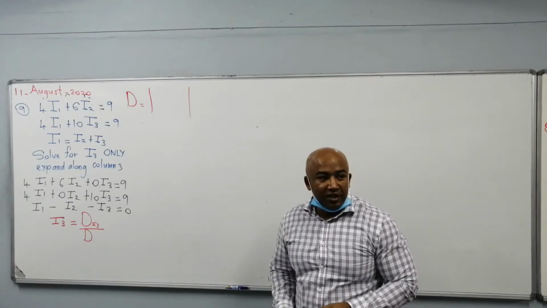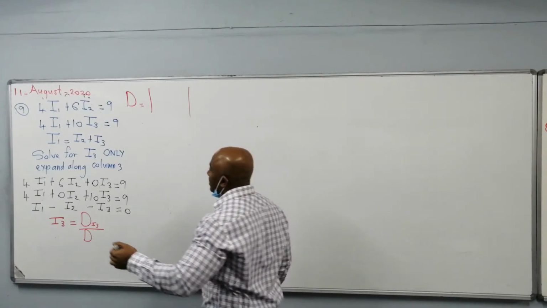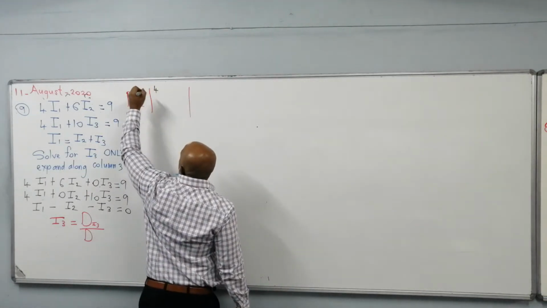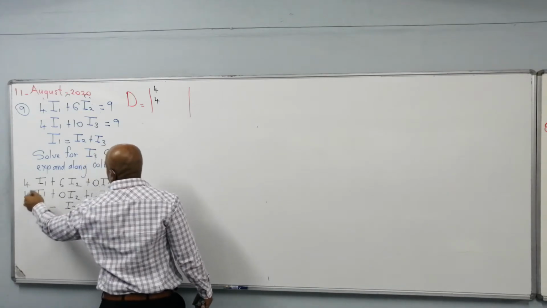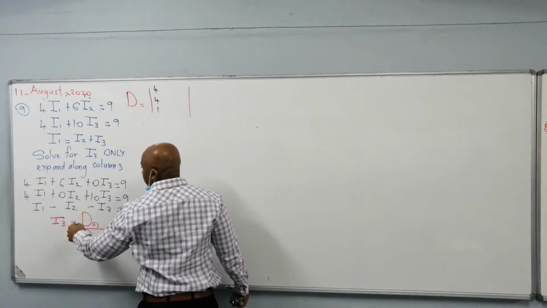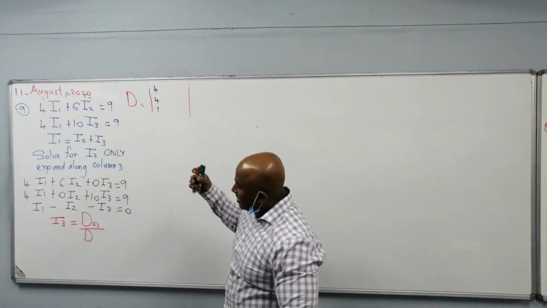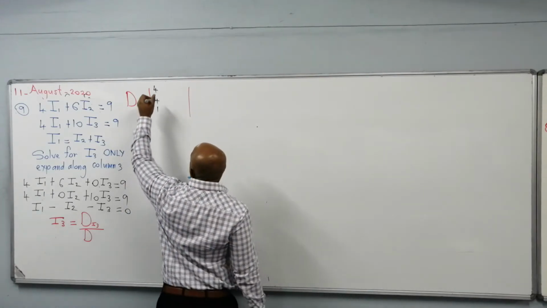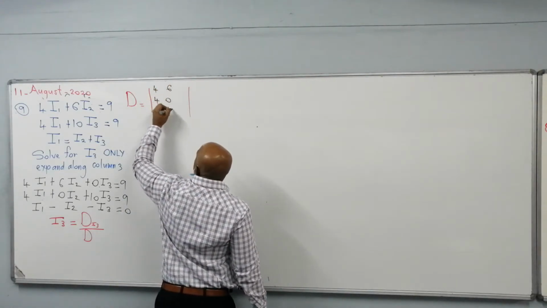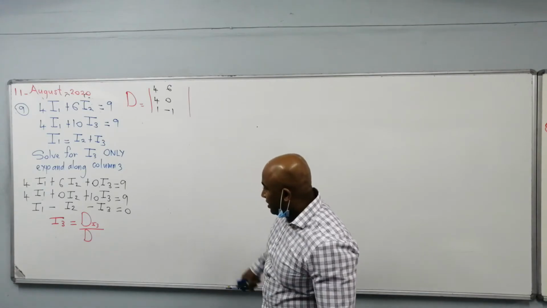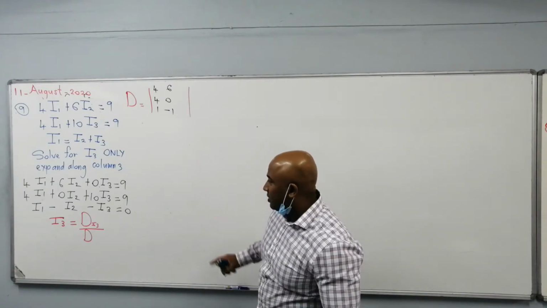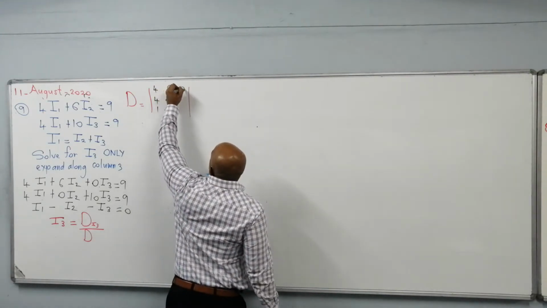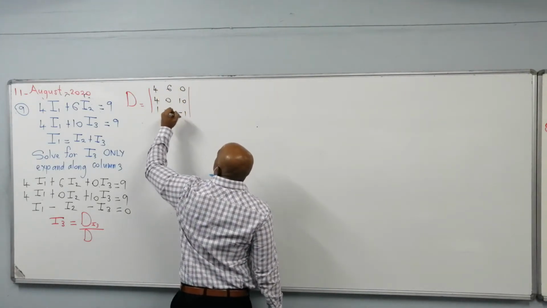So the coefficients are 4, 4 and 1, then we got a 6, 0 and minus 1. And the last column there is 0, 10, minus 1.